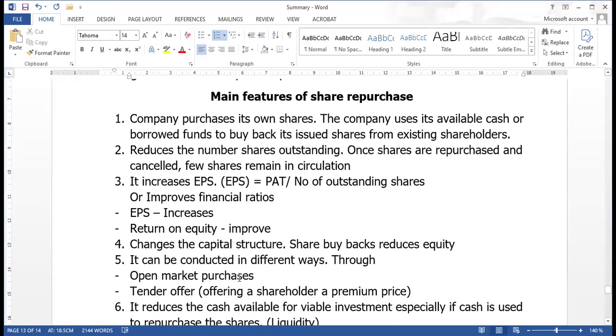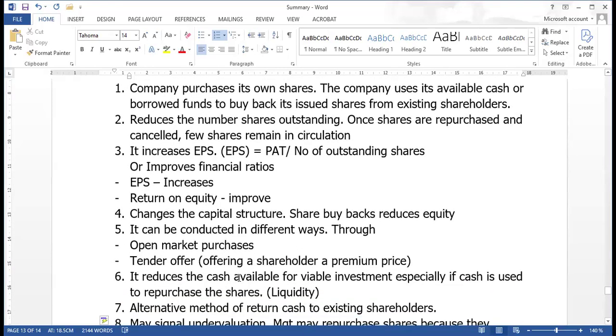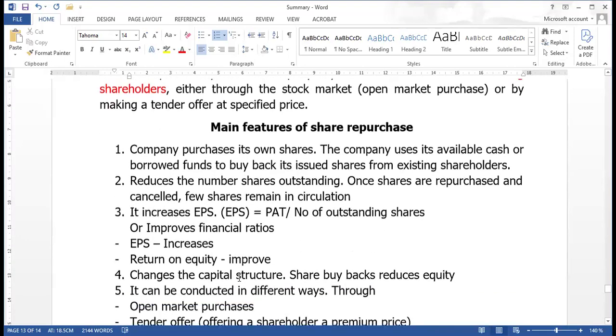So all these points we are putting, you may be thinking that we are not answering the question. We are answering the question. Many features doesn't necessarily mean that you talk about specific things. Just write what you know about the share repurchase.